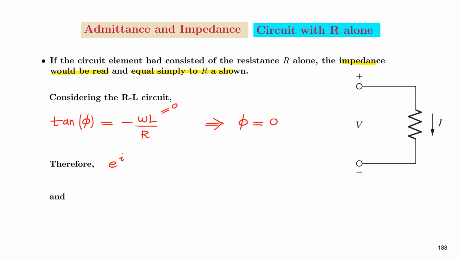Therefore, e raised to i phi will be equal to e raised to i times 0, which is equal to e raised to 0, and that is equal to 1.